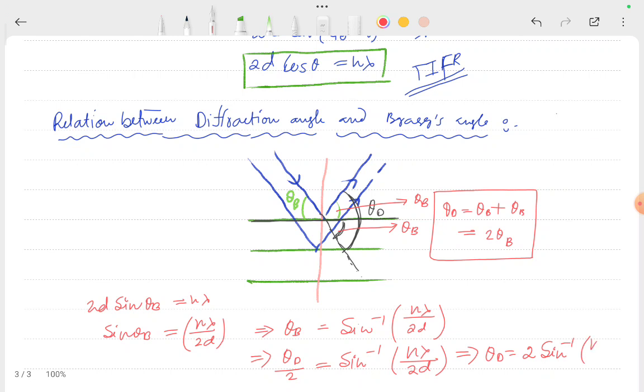Please remember this, the way to derive the diffraction angle. This is called the diffraction angle.